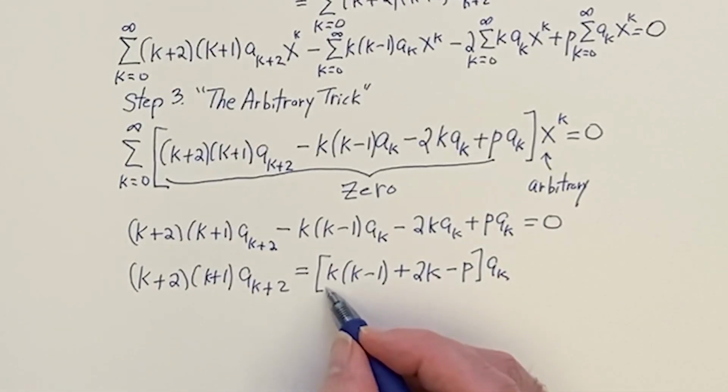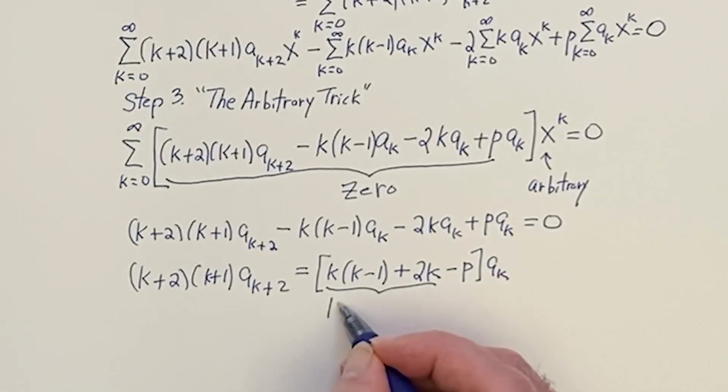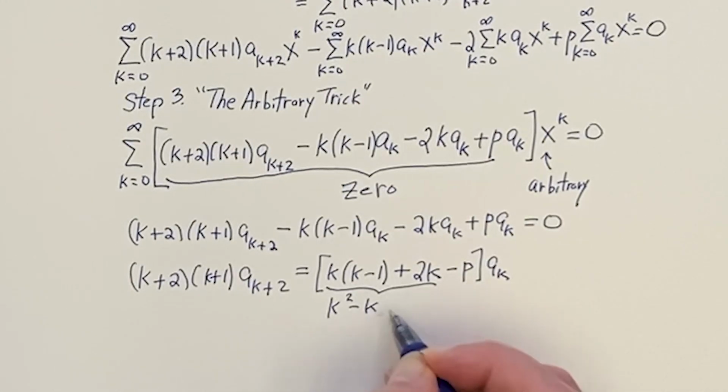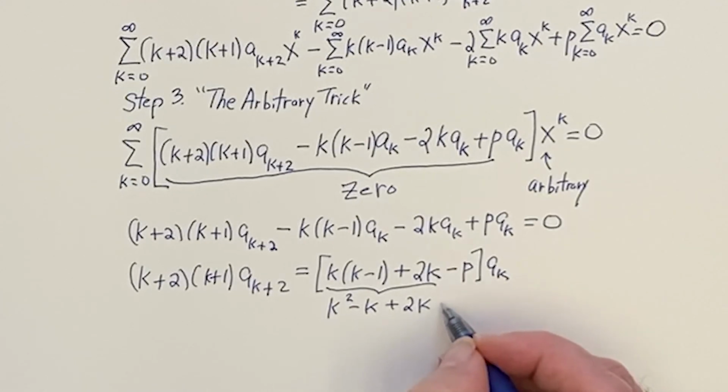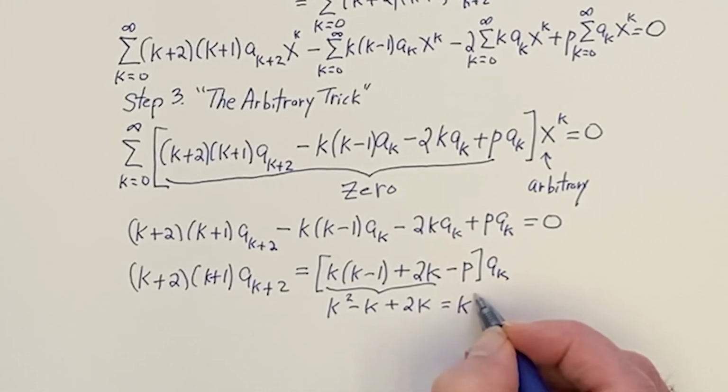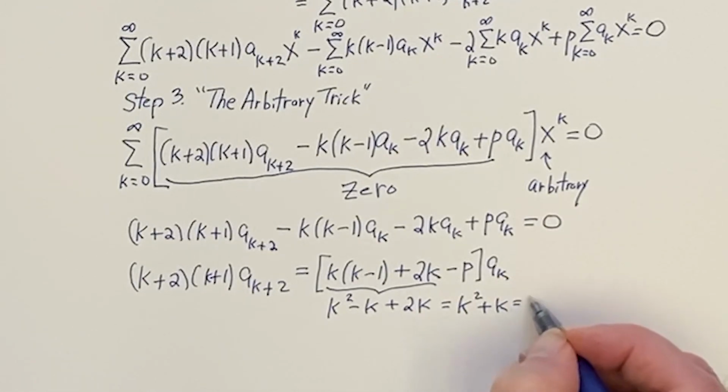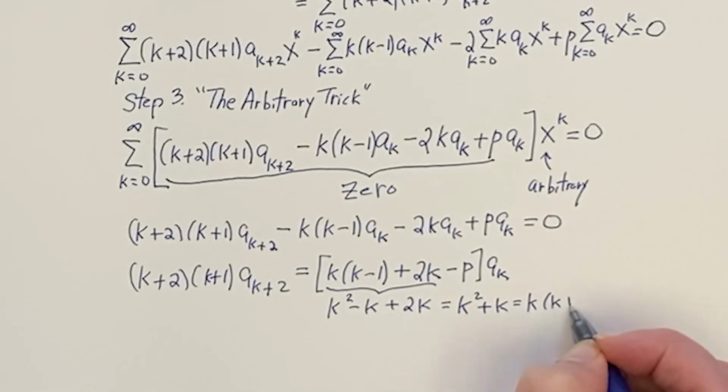And now we look at this thing in here and say, well, this is k squared minus k plus 2k. So that would be k squared plus k. So that's k times k plus 1.